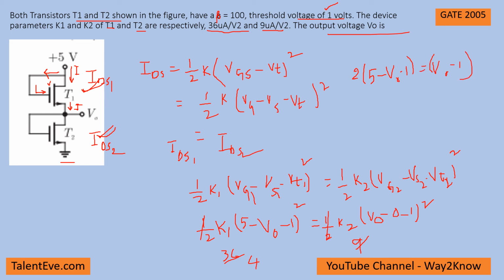Okay, so 10 minus 2 V0 minus 2 is equal to V0 minus 1. Okay, so if you take this side, 3 V0 is equal to, if you take 1 here, 11 minus 2, which is nothing but 9. So V0 comes as 3 volts.